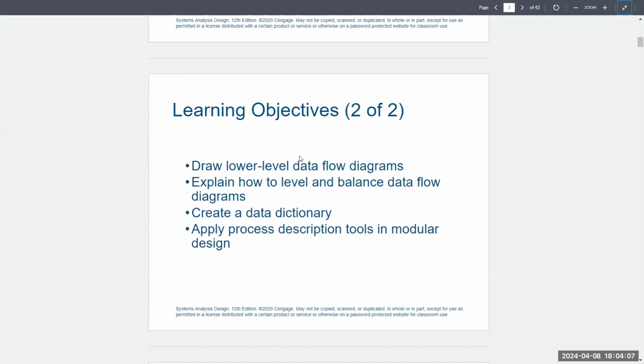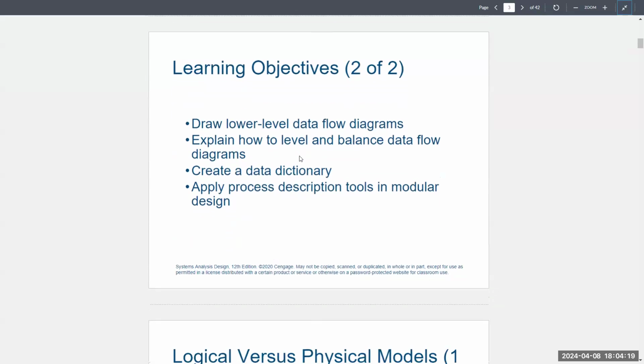There is technically no limitation as to how many levels, but practically speaking, at the most, you may go 3 to 5 levels, right? Unless it's a very complex process that you need to go further to explain the different sub-processes and things like that. Leveling, balancing, and the technique we follow as part of this data flow diagram creation.